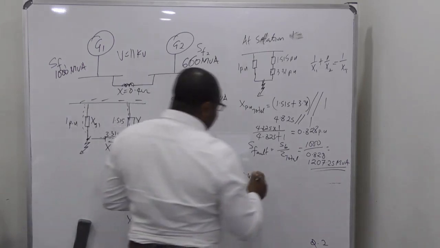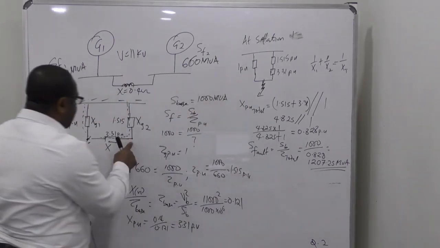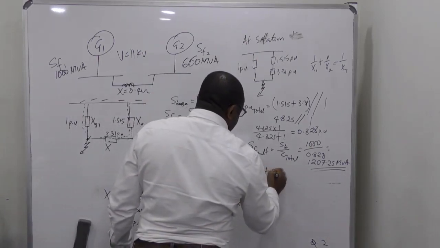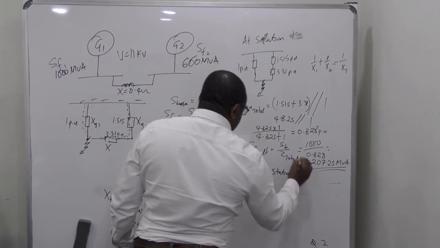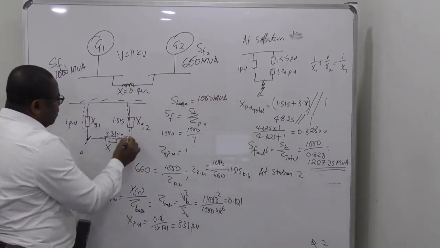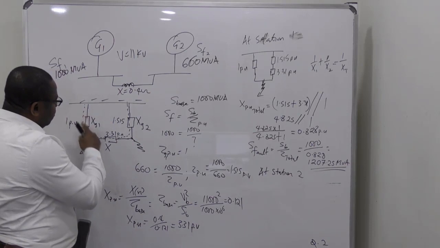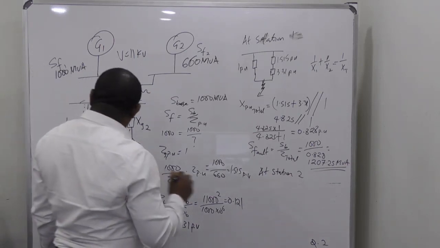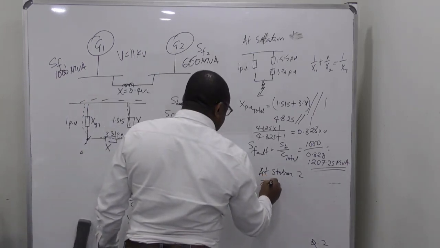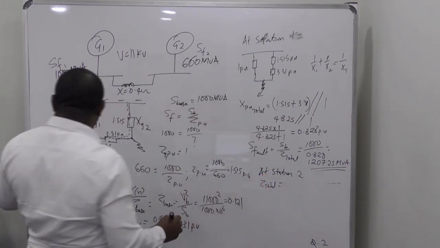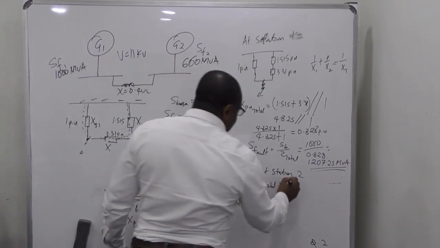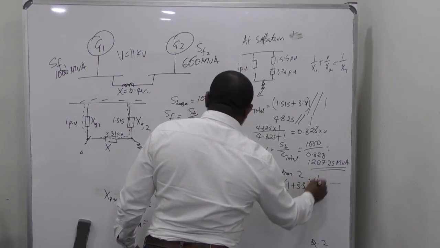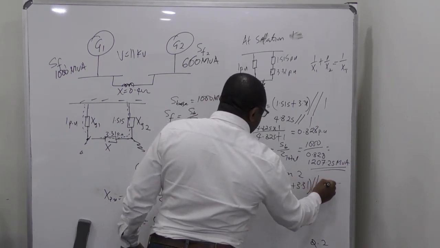So let's look at the next one. What about this point? Okay, so at station 2, you clean this, you say if the fault is now here, this will be in series, and this series will parallel that, right? So Z total will be this series that is 1 plus 3.31, parallel 1.515.